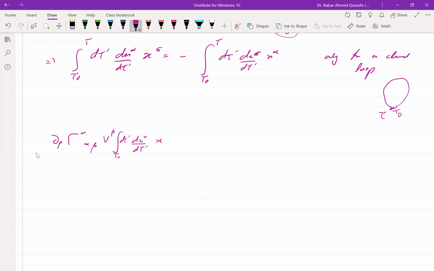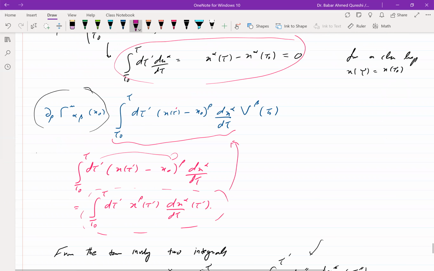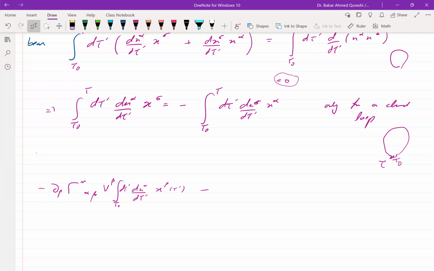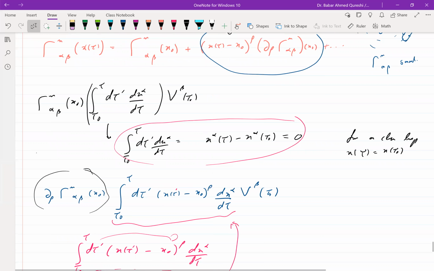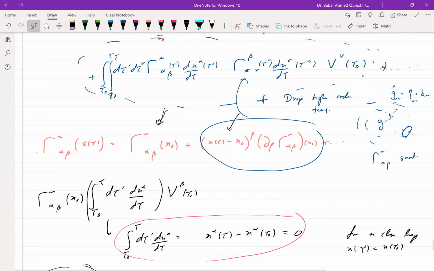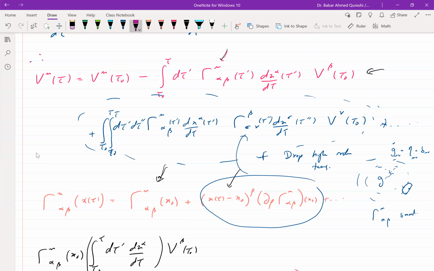And over here, I have x rho. This is one term, and this term was with a negative sign. Yeah, it is this term, so it comes with a negative sign.